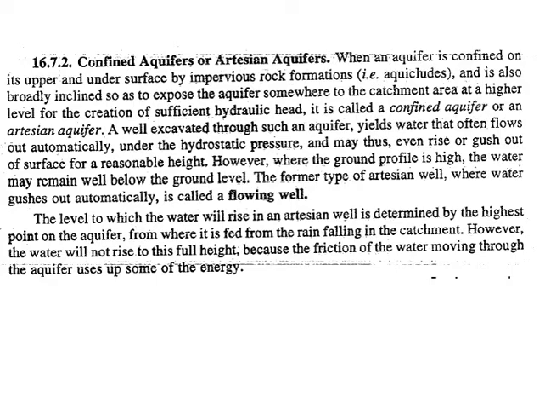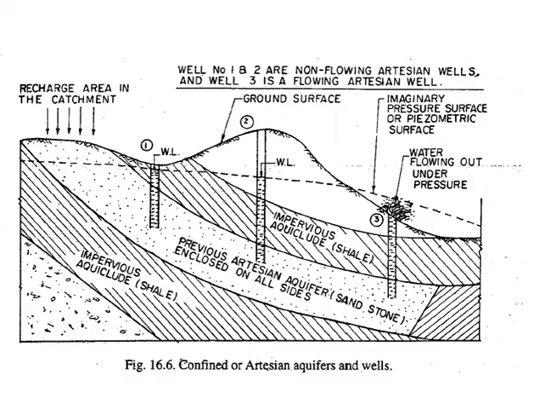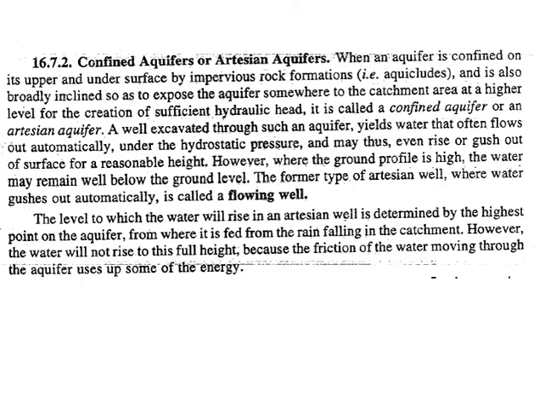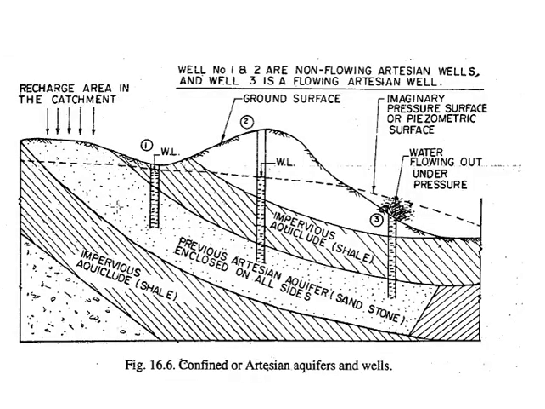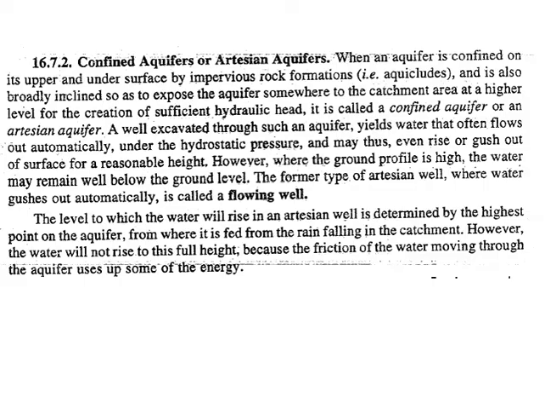In this case, as you can see from this diagram, we have a confined layer of an aquifer which is confined between two impervious strata. Such a confined aquifer between two impervious strata is known as confined aquifer or artesian aquifer.